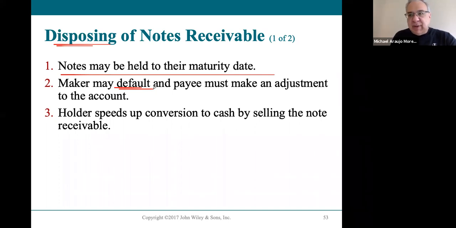You need to make an adjustment. You can extend, and there are other things you can do. Now, of course, it's a legal instrument because everything is signed, so it's got legal teeth in court. So notes are wonderful because they've got all the elements of a contract by law all set. Piece of cake.